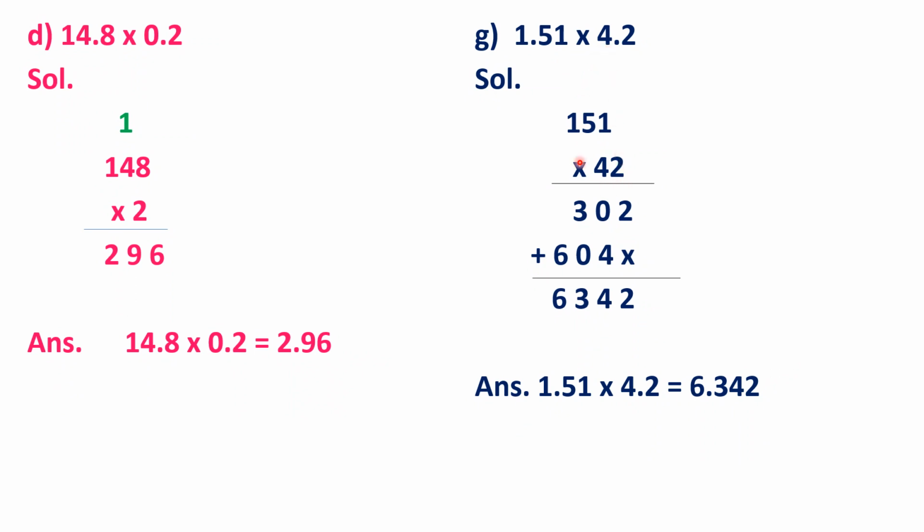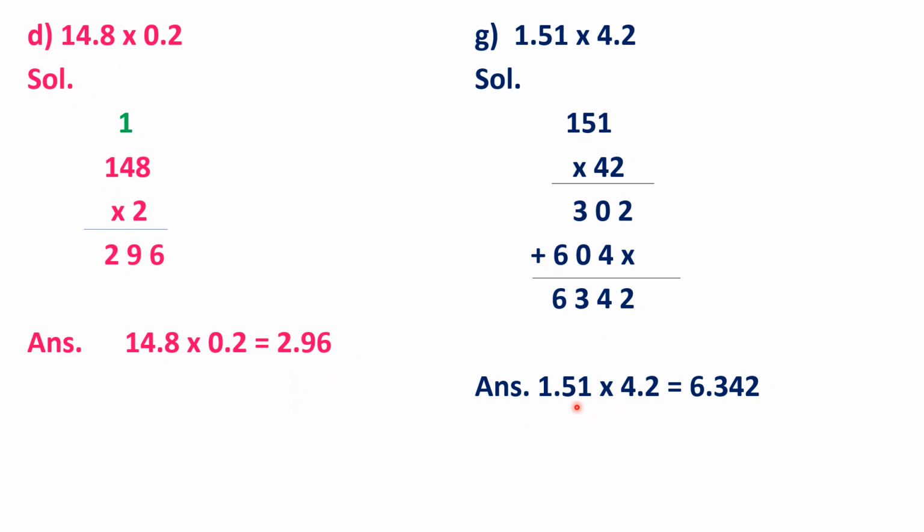When we multiply both the numbers we are getting 6342. Now we have to count the number of digits in both the numbers after the decimal point, that is to the right hand side of the decimal point.